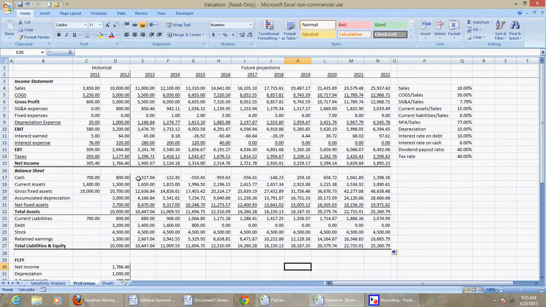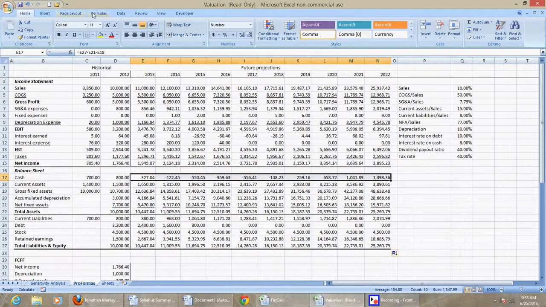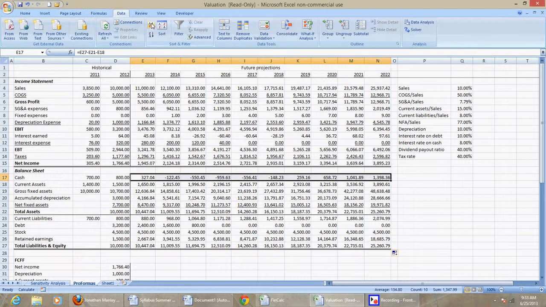Now, one thing you might want to do when you're doing this is have some conditional formatting, which I won't do here, but would show when this is going to be a negative number, and that's what we have to worry about right here, is you run out of cash.